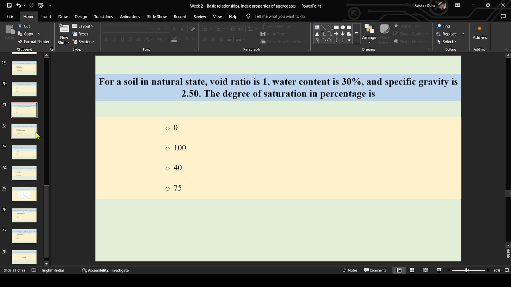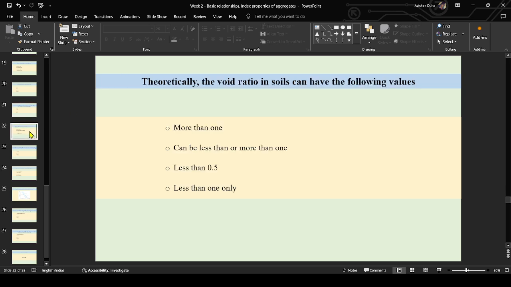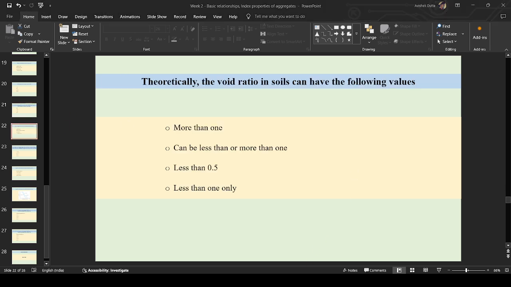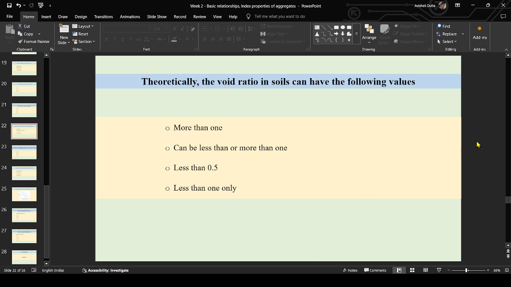Okay, next question. Theoretically, the void ratio in soils can have the following values. Very simple question. The options are more than 1, can be less than or more than 1, less than 0.5, less than 1 only.